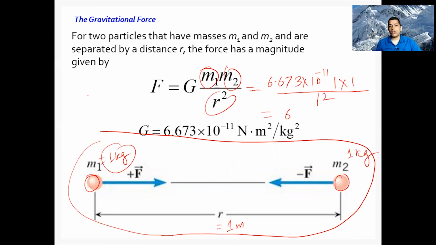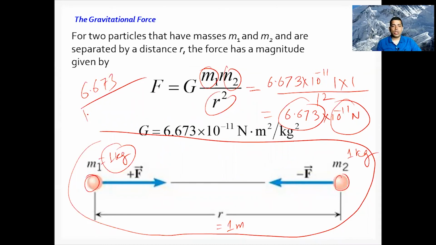So then what do you get? You get 6.673 times 10 to the negative 11 Newton, right? Which is a very, very small force, because you have to divide. This means you have to divide 6.673 by 10 to the 11, meaning you have 11 zeros here.